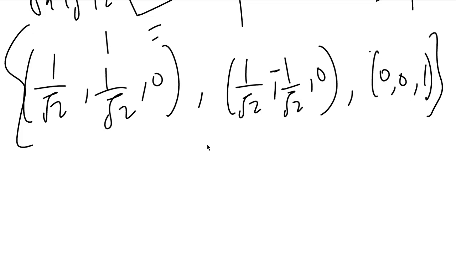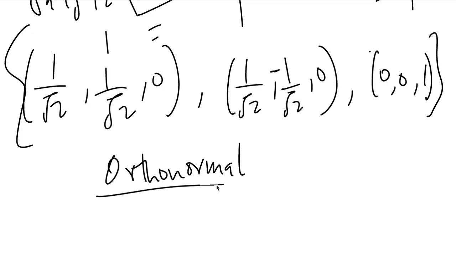So this set is orthonormal. It's an orthonormal set, and for it to be orthonormal, first of all, it's going to be orthogonal, because of the dot product.